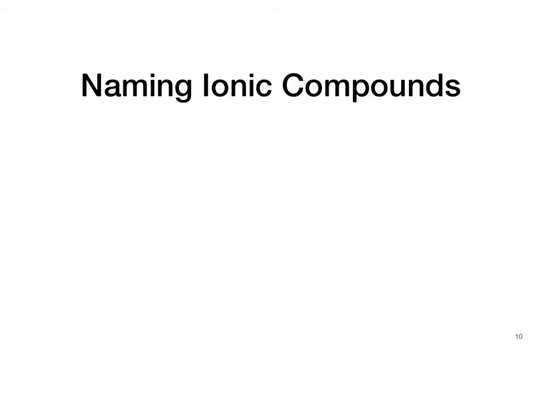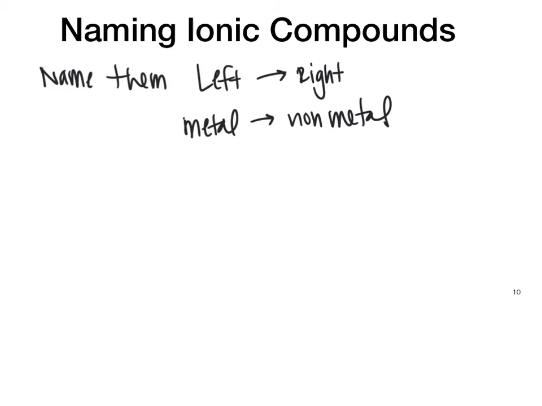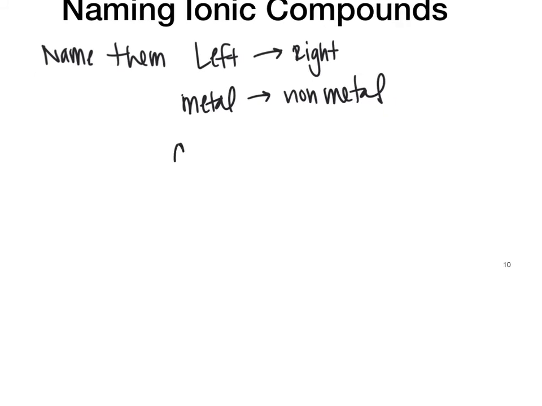So naming ionic compounds. We name them left to right. Usually metal to non-metal. Always cation to anion.